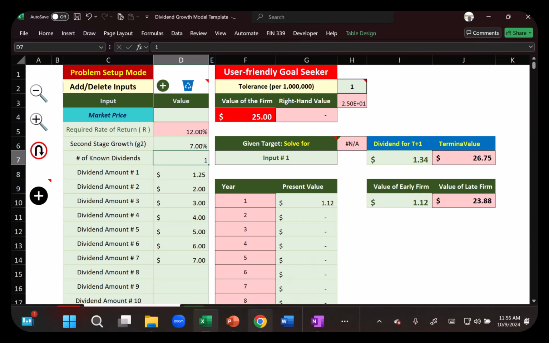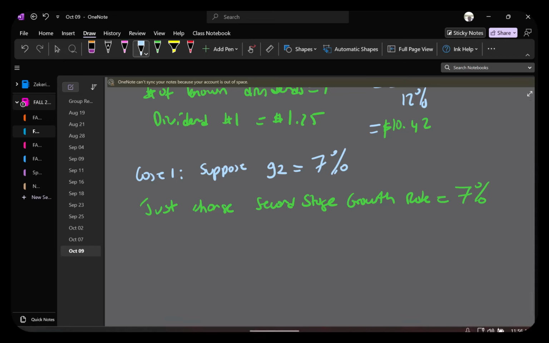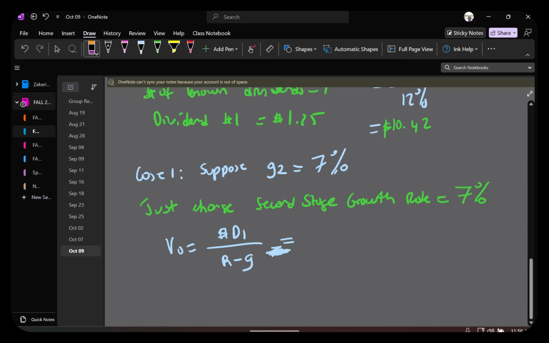And how to check that? That's equal to 1.25 divided by 12 minus 7, not 1.2, 12.